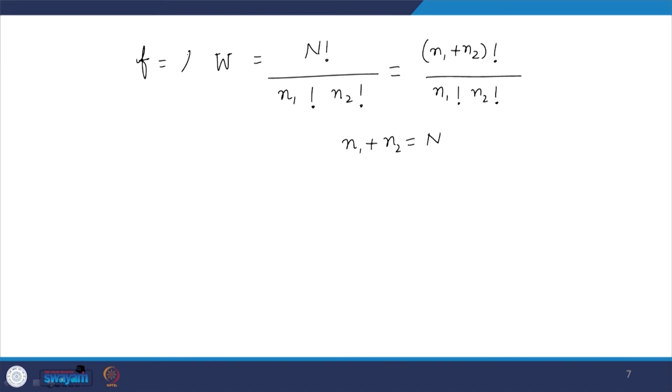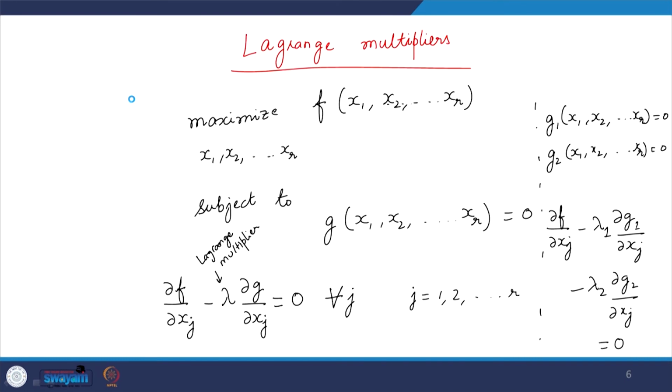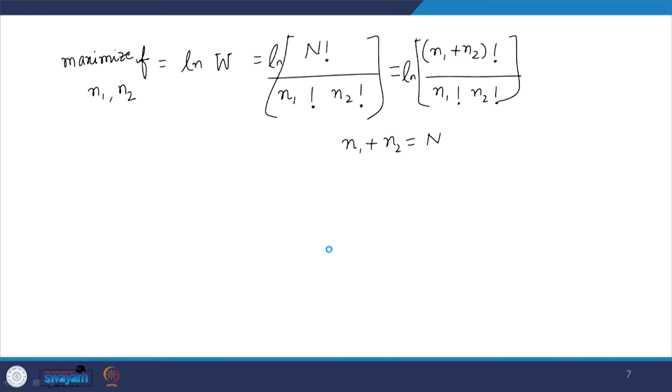So, f can be ln of this, and I want to maximize f with respect to n1 and n2, where n1 and n2 must satisfy this constraint. Now, if you recall, the constraint was written in the form that the right hand side was equal to 0, which we can do in this case as well. So, I can write my g as n1 plus n2 minus n is equal to 0.